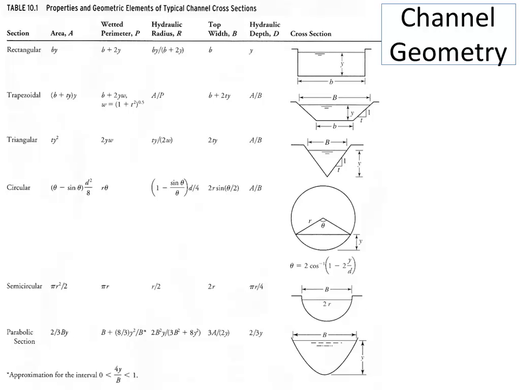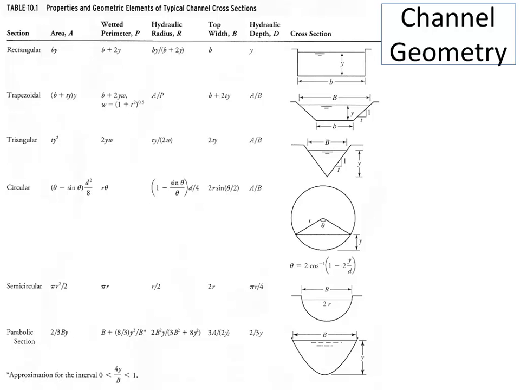If it's half full, that's easy. But if it's not half full, we have some pretty complicated formulas for finding the area, wetted perimeter, and so forth. And we actually have to measure the angle that the surface makes with the center of the pipe, and that angle is expressed in terms of radians.